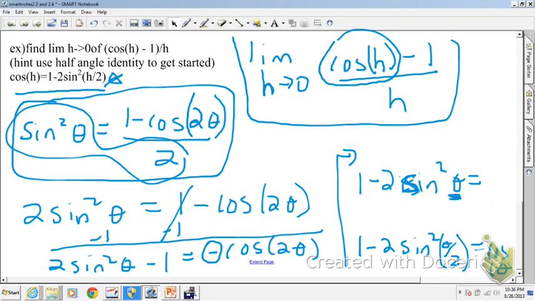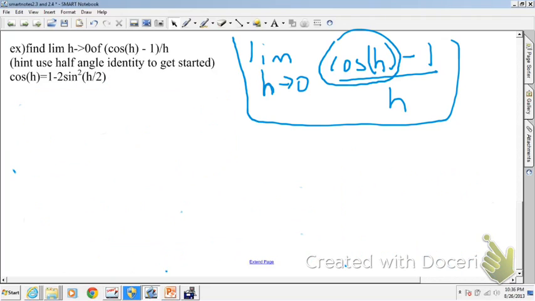Now let's just assume that you knew that. Basically that means that you can replace cos of h or cos of theta with that expression. So let me hit pause and let's do that. Okay, so I am going to go under the general assumption that you know that cos of theta is equal to 1 minus 2 sine squared theta over 2.